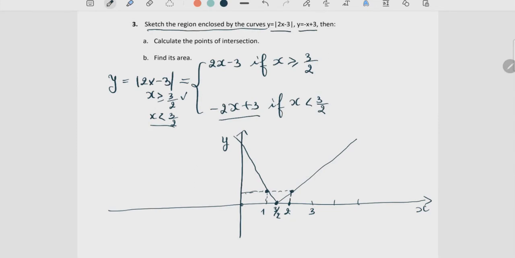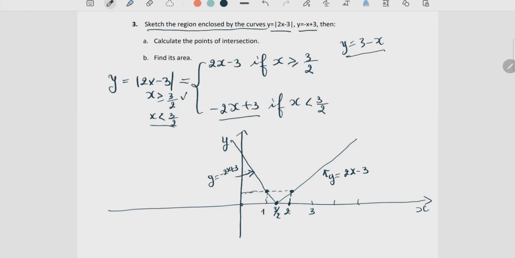And now for the second curve, which is y is equal to 3 minus x. Let's first write down that on this side we have 2x minus 3, and on that side, we have y is equal to negative 2x plus 3.